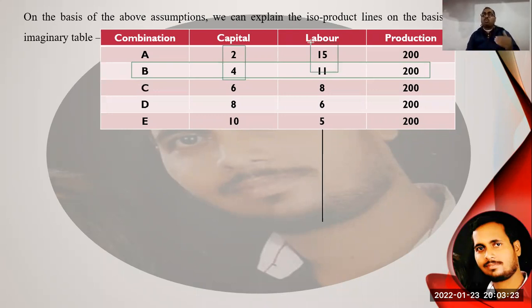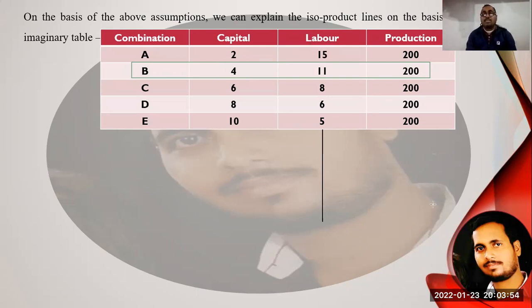The substitution rate of capital and labor is shown here. With this change, the entrepreneur gets the same output as combination A, which is 200 units of production.